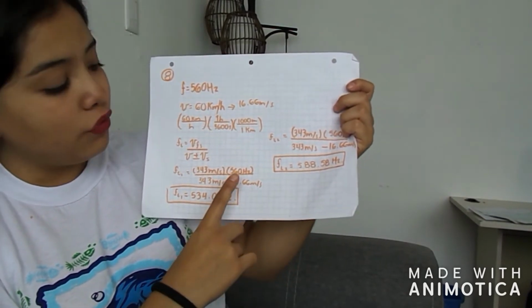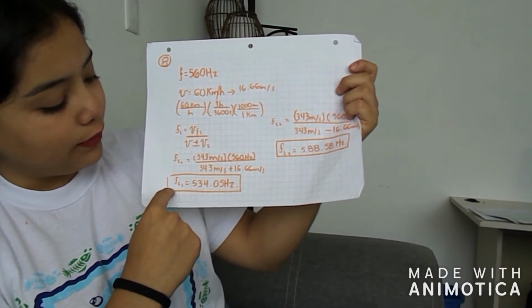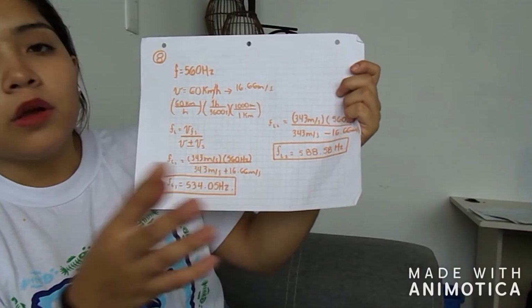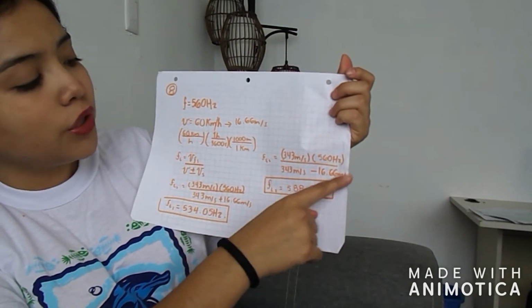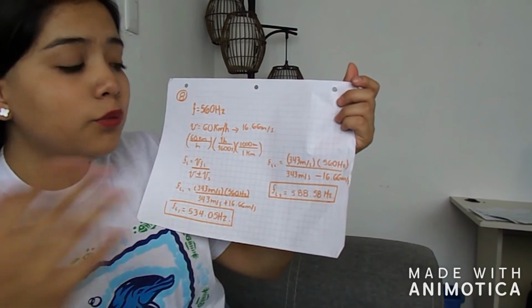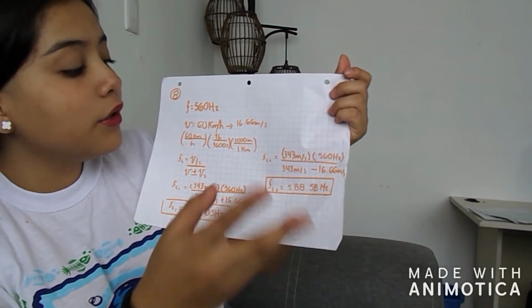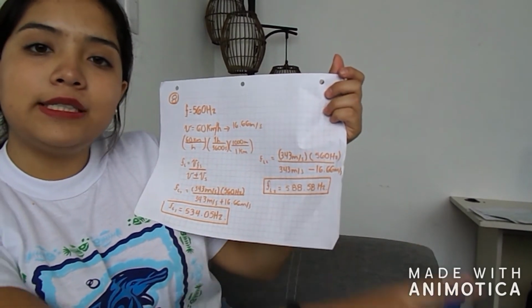Here is when it's moving away, and we have the frequency of number 1, we substitute our values, and in frequency number 2 we substitute our values. Instead of adding, we are going to subtract the velocity source, and we have the frequency.